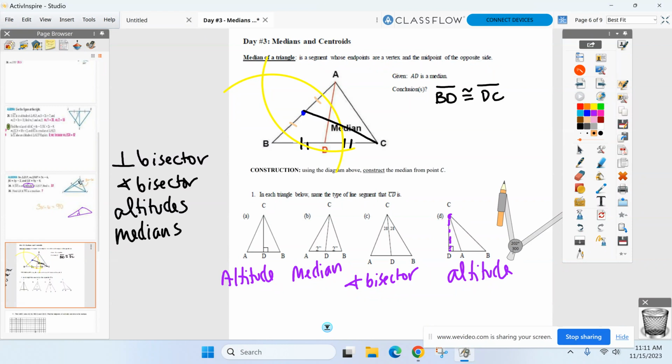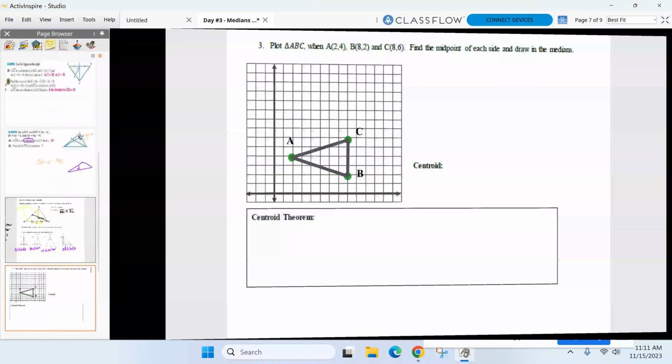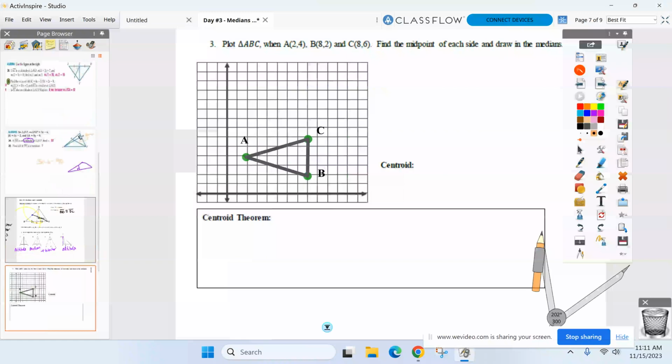Anybody else? All right, now let's keep talking about a median. I'm not done with a median yet. Go ahead and graph triangle ABC, and then you got some work to do in your group.